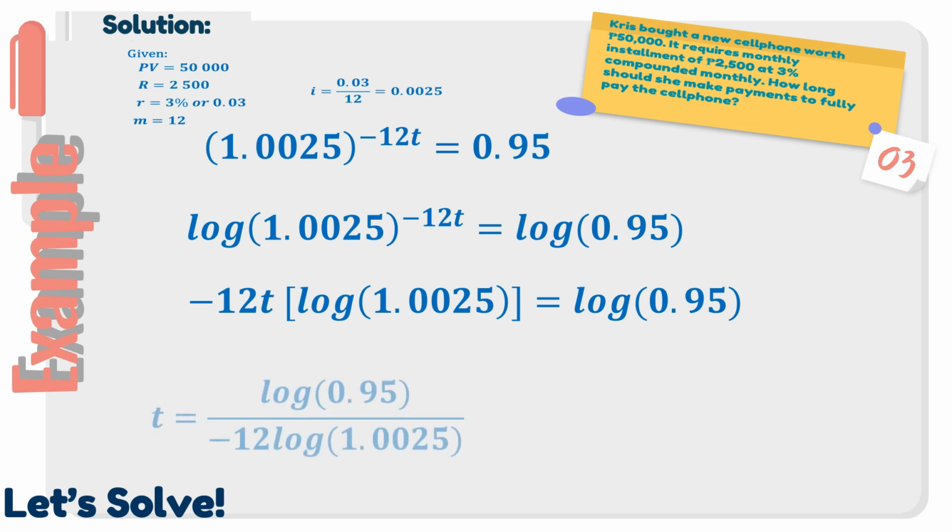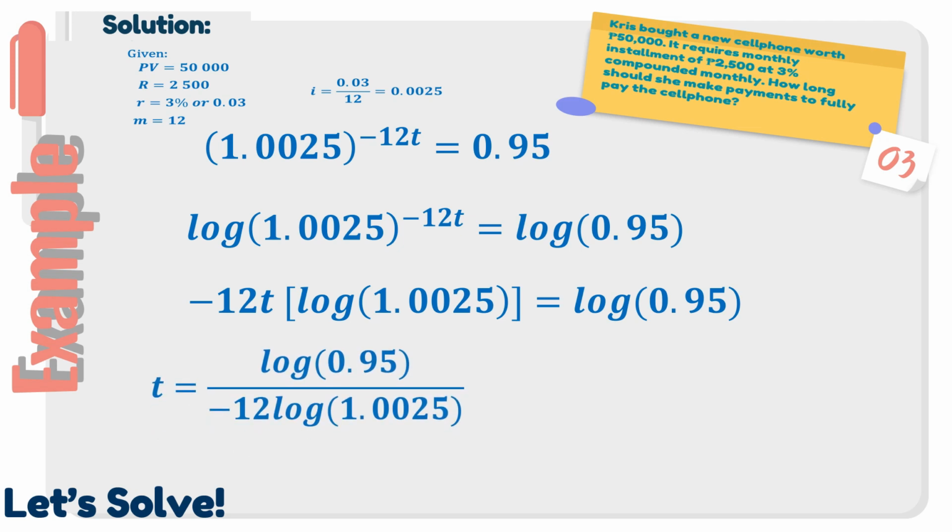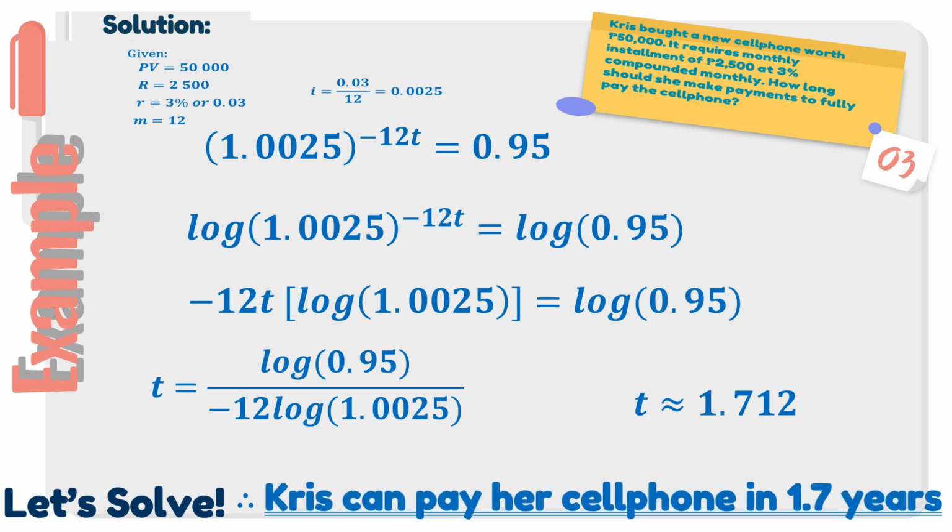And that will become t is equal to log of 95 hundredths over negative 12 times the log of 1 and 25 ten-thousandths. Pressing this on your calculator, that will give you t approximately 1.712. Therefore, we can say that Chris can pay her cell phone in 1.7 years.